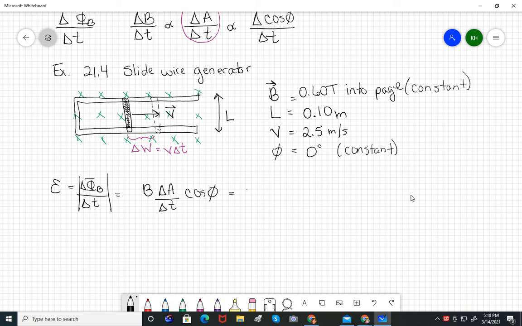So B is 0.60 Tesla. The area is changing. The area is going to be the length times the change in width. That's going to tell you what the change in area is. That's going to be this part. And of course, phi is 0 degrees, cosine 0 is just 1.